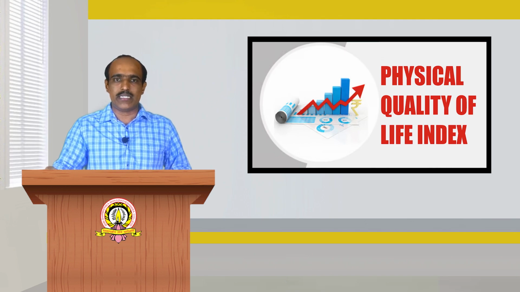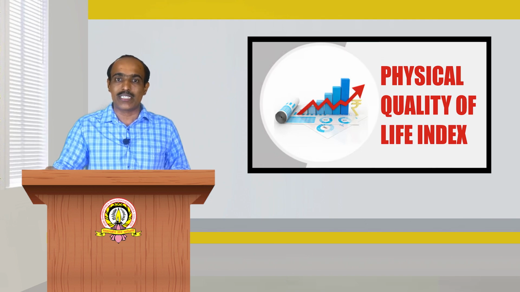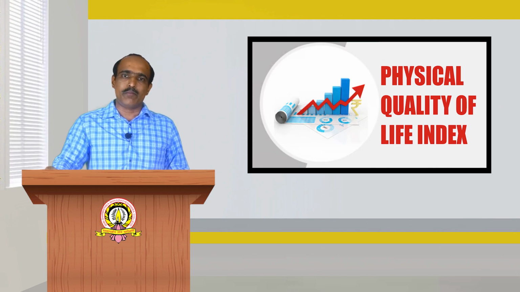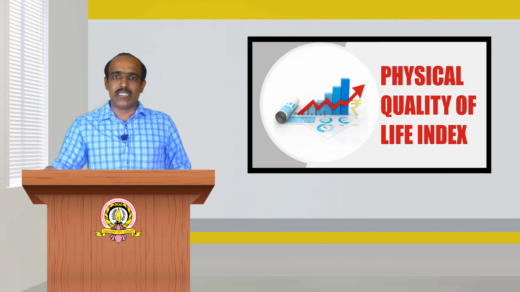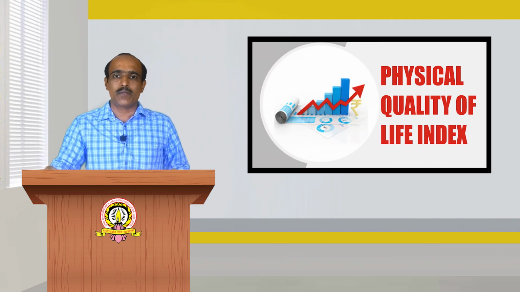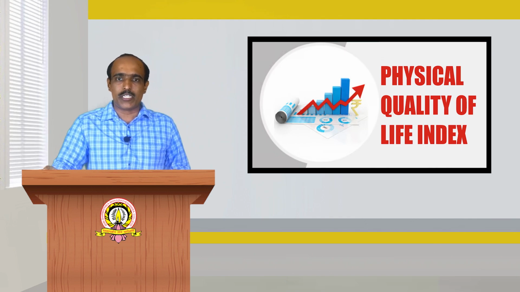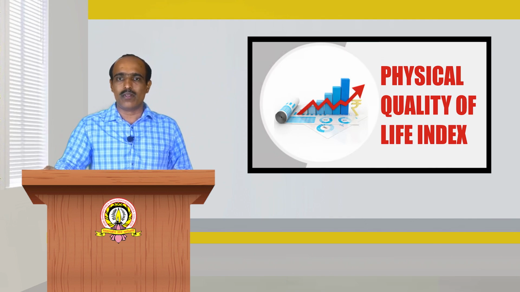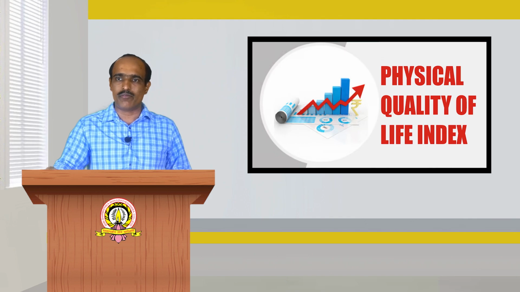For example, in India, the infant mortality rate is approximately 29 to 30 per 1000 live births, because infant mortality is measured per 1000 live births. And basic literacy rate, which indicates a child's capability of reading and writing in a simple language above 7 years. So, these are the important indicators of the physical quality of life index.